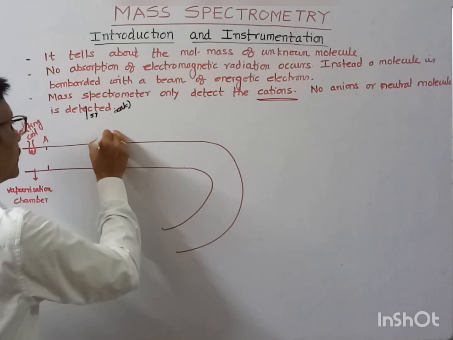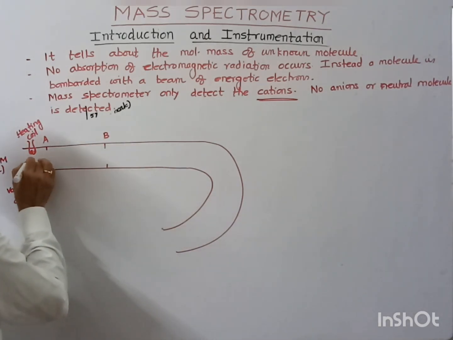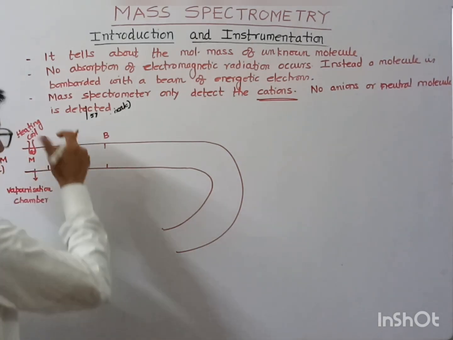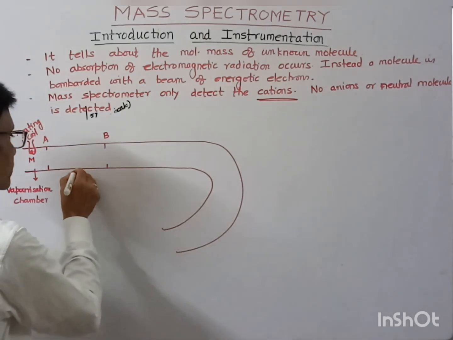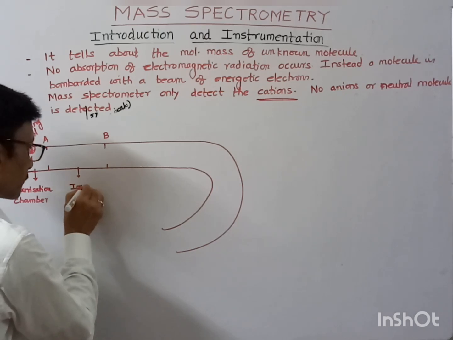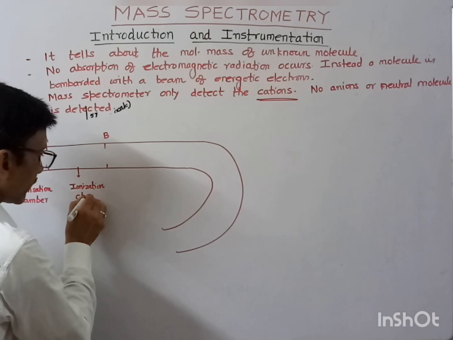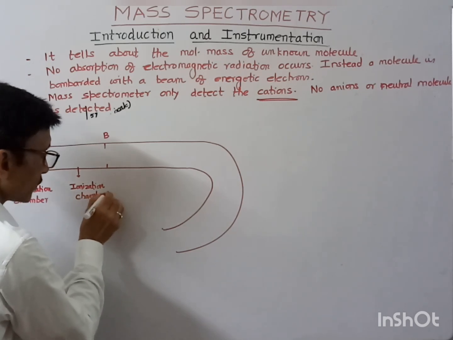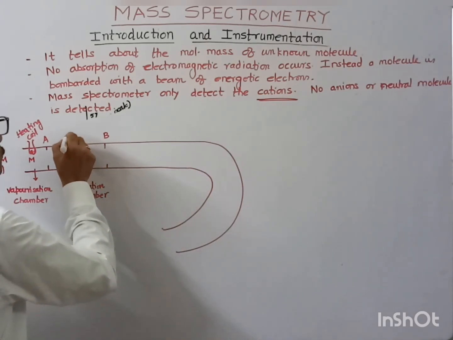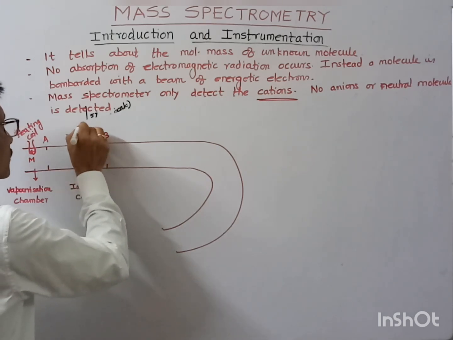Suppose this is slit B. Here the neutral molecule is ionized, and this is called the ionization chamber. It is ionized by an energetic beam of electrons, and the source of this beam is our tungsten filament.